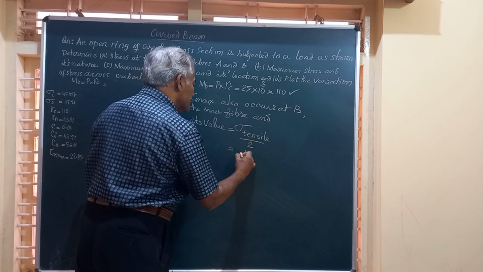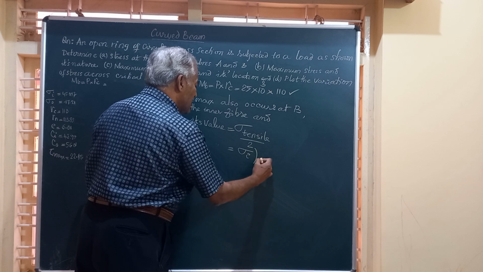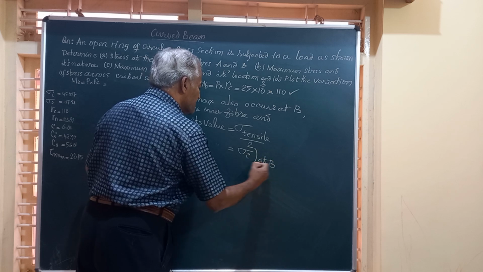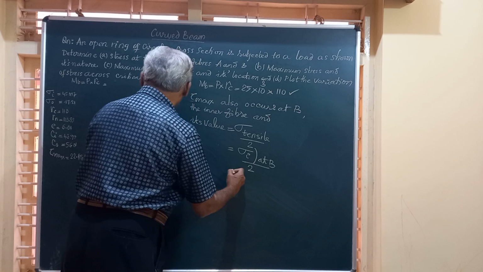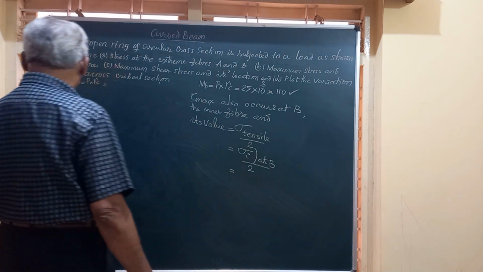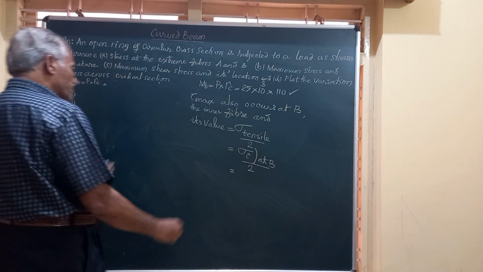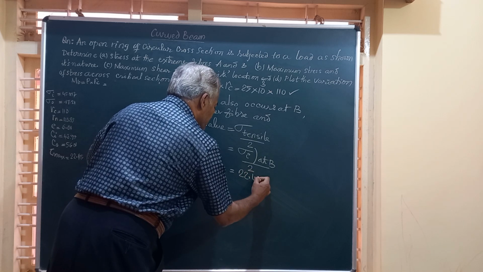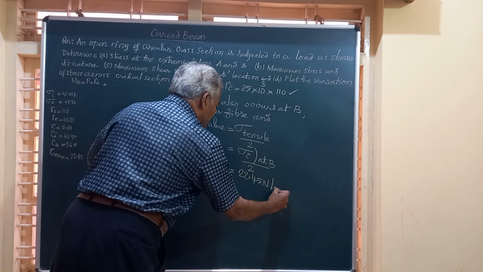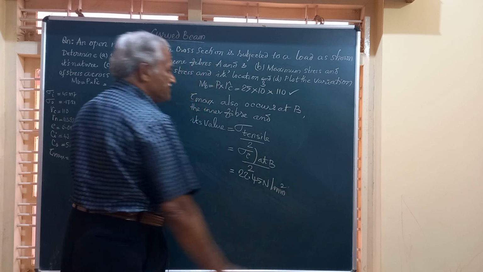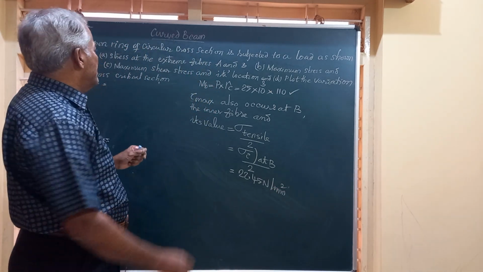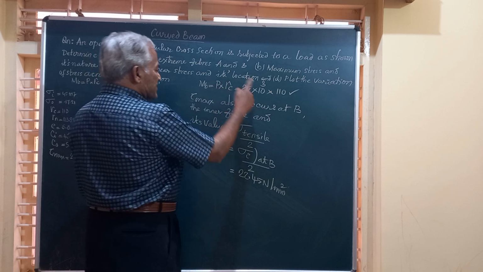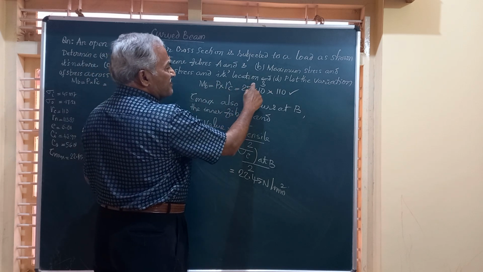Sigma tensile is sigma I at B divided by 2. And this works out to 22.45 Newton per mm square. So friends, we have got all these values. Its location, I told you, is at the inner fiber.